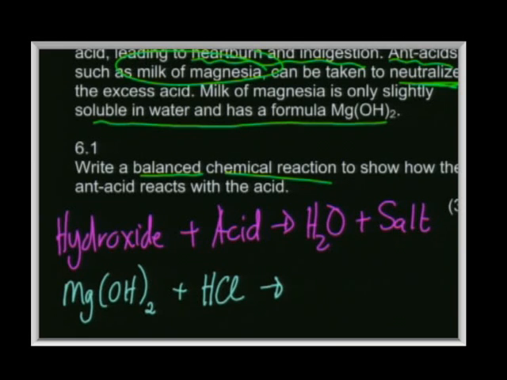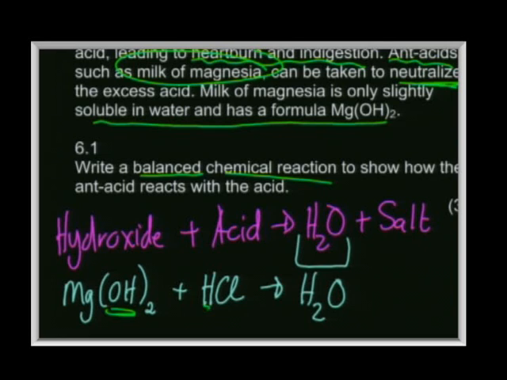Now, if it will always form water, you write down the water first. So water is one of your products that always form, and then just identify those elements that will form water, and look what you are left over with. You are left over with magnesium, you are left over with chlorine. So those two elements will form a compound, and that compound will be the salt that you have over here.